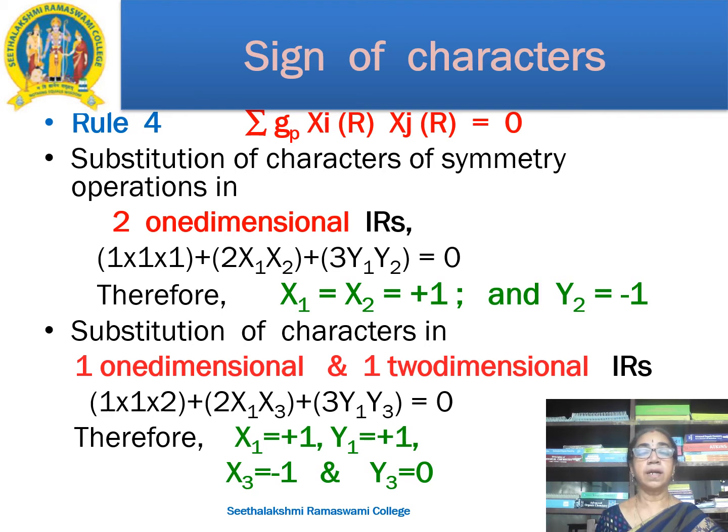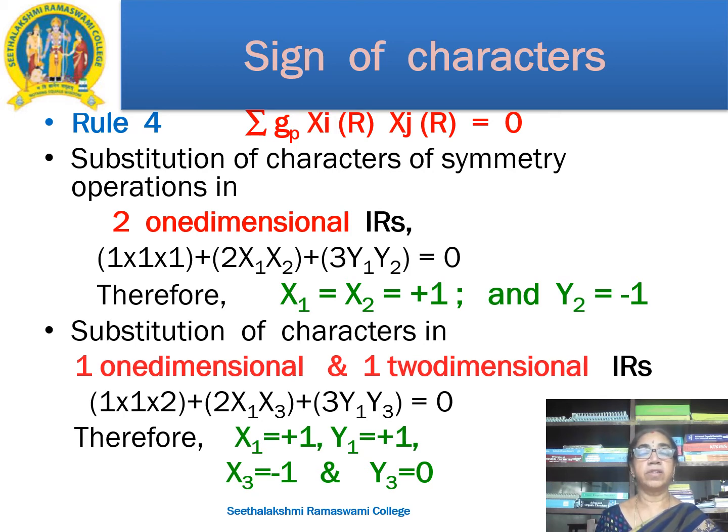In the third part, again 3 gives the value of GP. y1 gives the character of the sigma V symmetry element in the first one-dimensional IR, and y2 is the character of sigma V in the second one-dimensional IR.